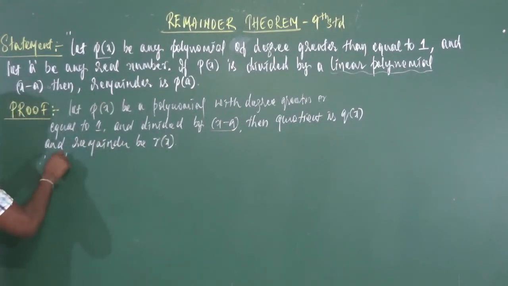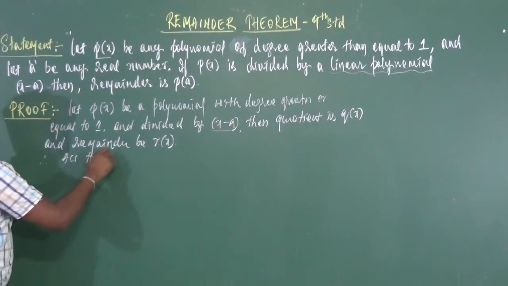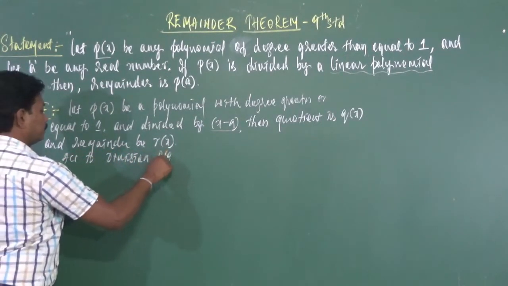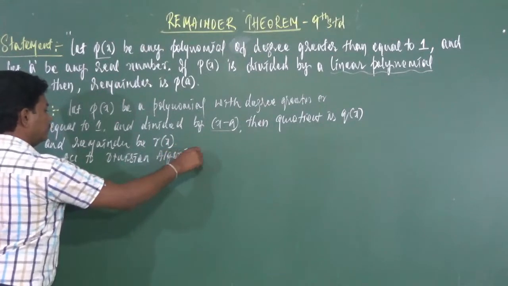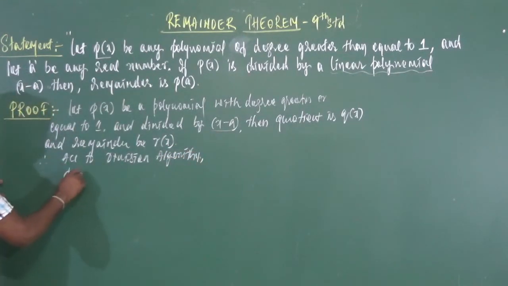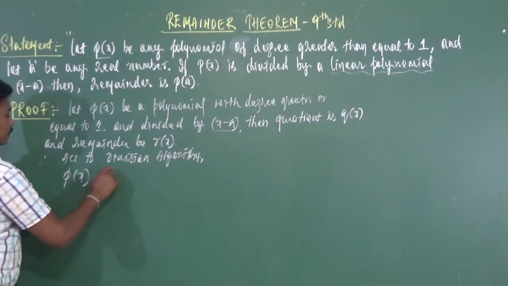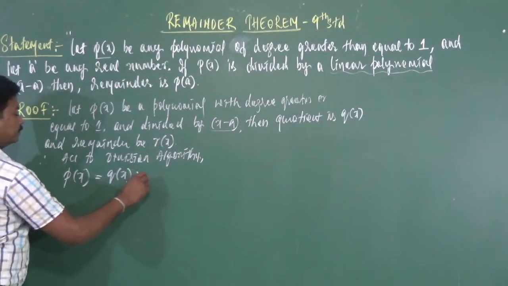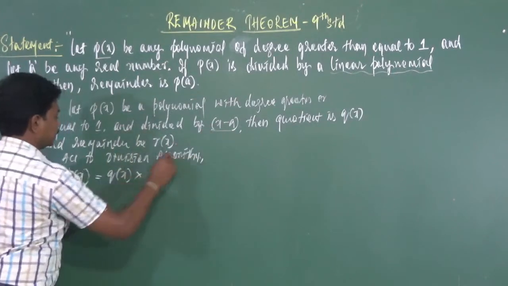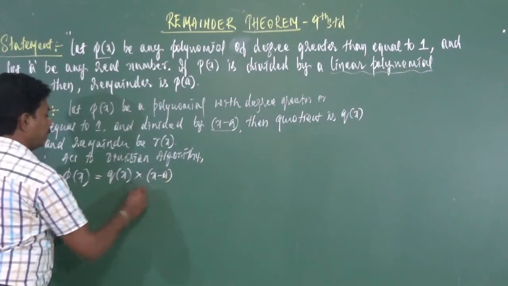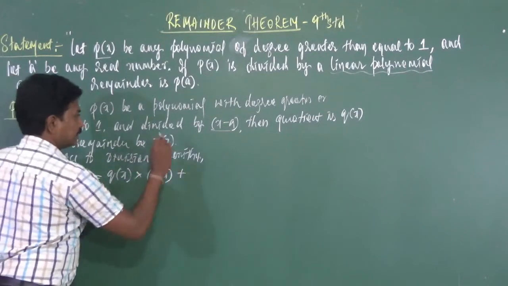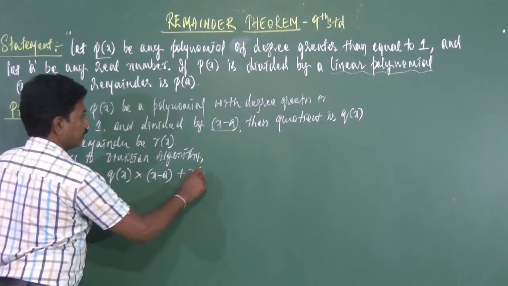So according to the division algorithm, p of x will be equal to q of x into x minus a, that is the divisor, into quotient plus the remainder, r of x.